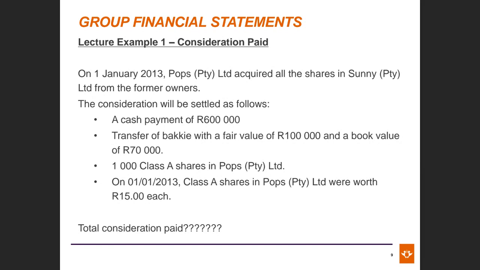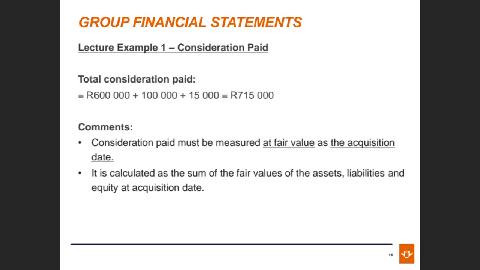If we take all of that into account, you'll see that the total consideration paid is made up of the cash of 600,000, the asset, which was fair valued at 100,000 Rand, and then the value of the shares being 15,000 Rand. So that gave us a total consideration of 715,000 Rand.